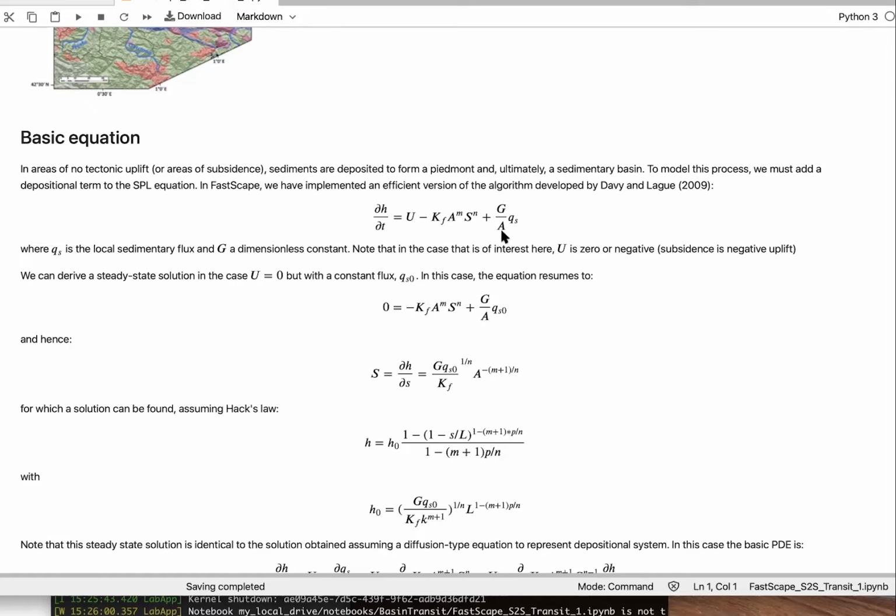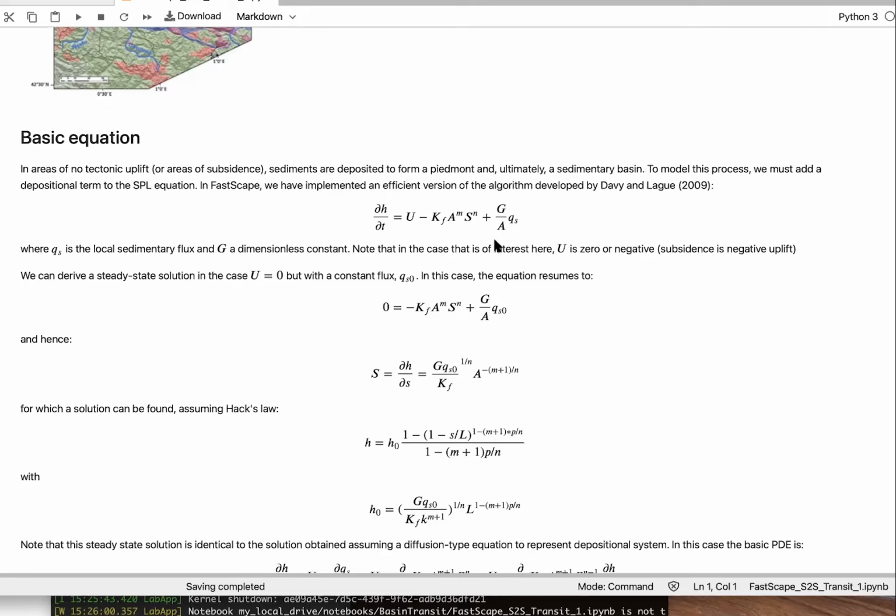The stronger the discharge, the longer it will take for the sediment to deposit, and therefore for a given sediment flux, the less I will deposit. If my discharge is very slow, then sediment will be able to settle down in the river and it will deposit much faster for a given sediment flux. So this G over A tells me how much of the sediment flux will be deposited or not.